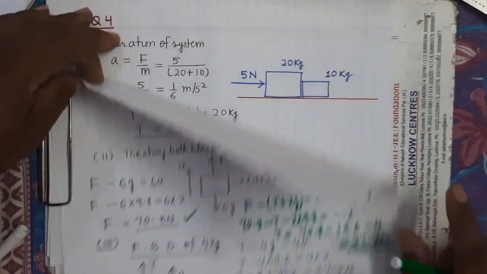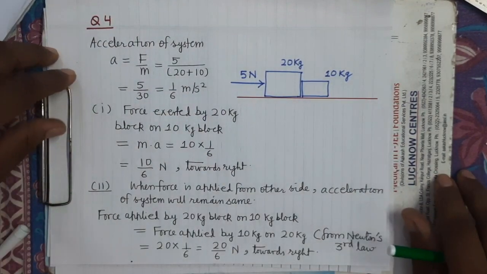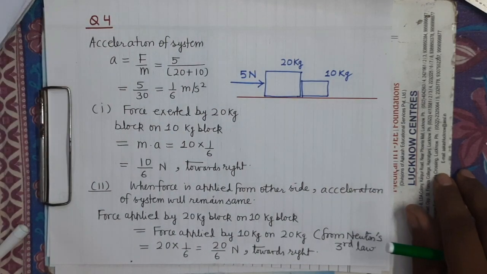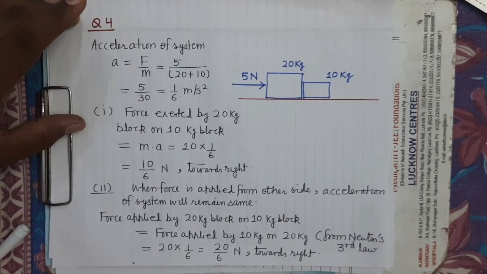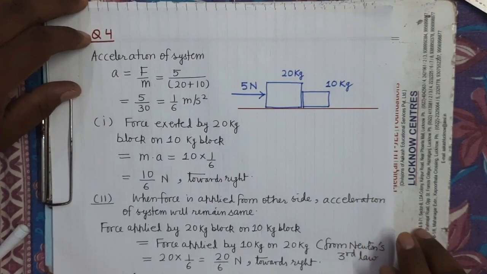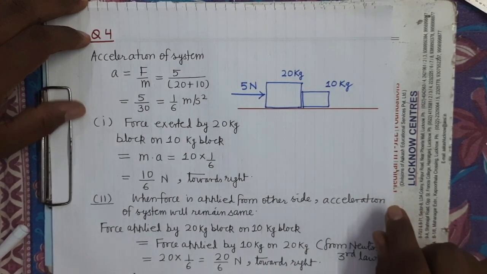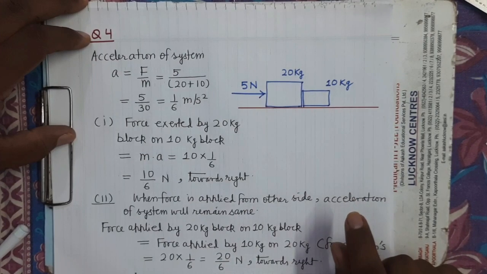Now I will do one more question, question number 4, which is based on Newton's third law of motion: to every action there is an equal and opposite reaction. Here, on a smooth surface, 2 blocks are placed in contact.